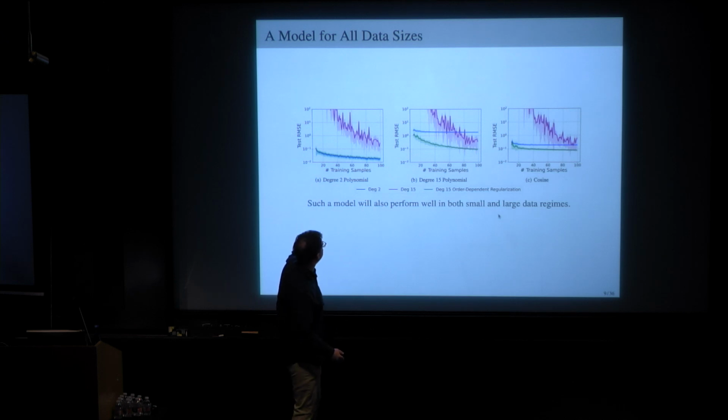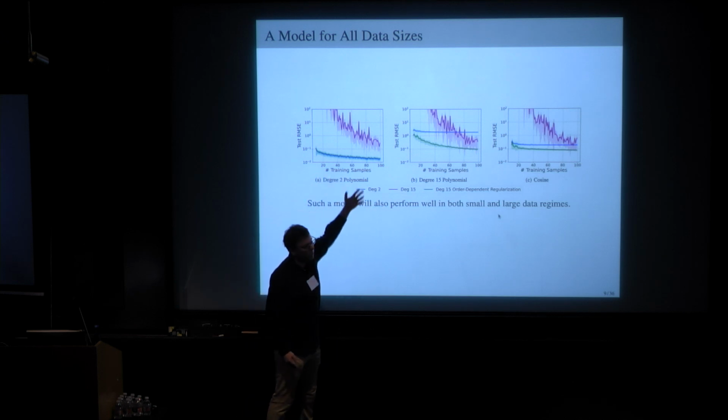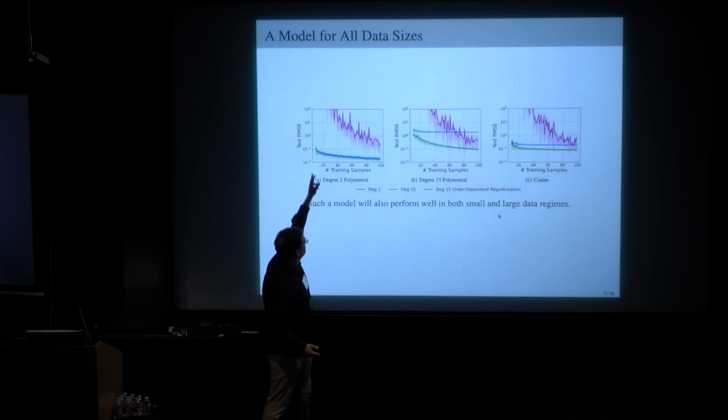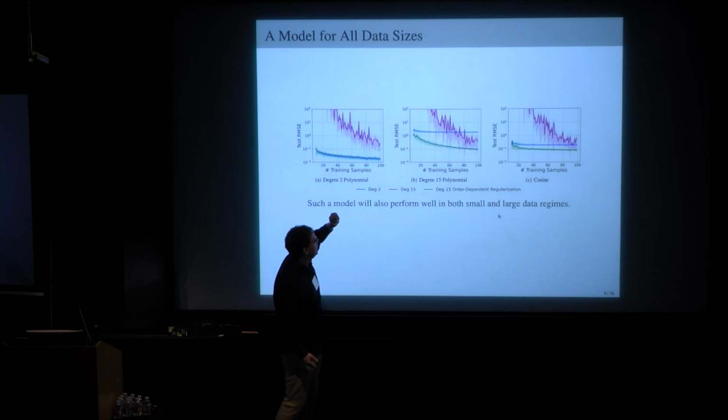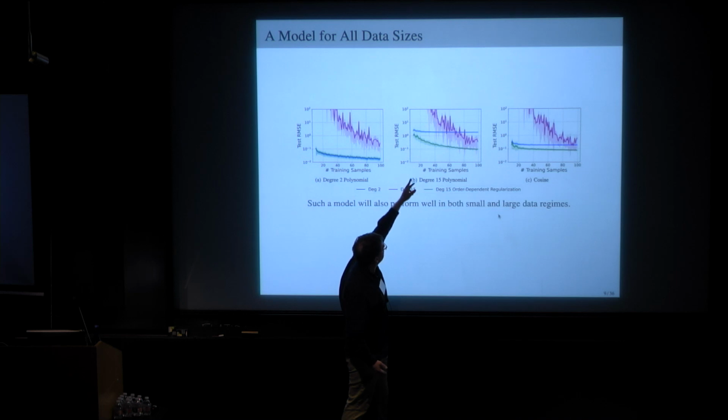So if we have data generated by a second-degree polynomial, of course, the degree 2 polynomial will generalize well on that data, but so does this high-order polynomial with the order-dependent regularization, and it learns at about the same rate in this case. If we have data generated by a 15th degree polynomial, we can see that the order-dependent regularization works significantly better than the unregularized 15-degree polynomial, and the second-order polynomial quickly saturates in what it's able to learn from the data after only seeing a small number of data points.